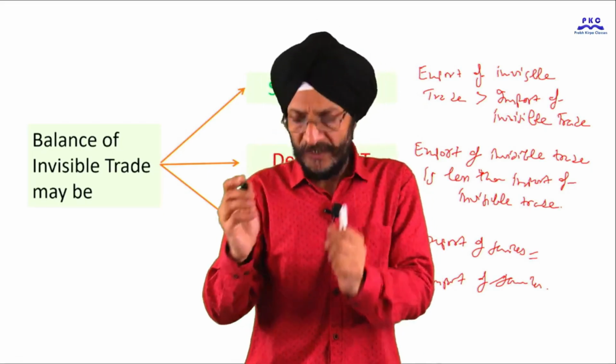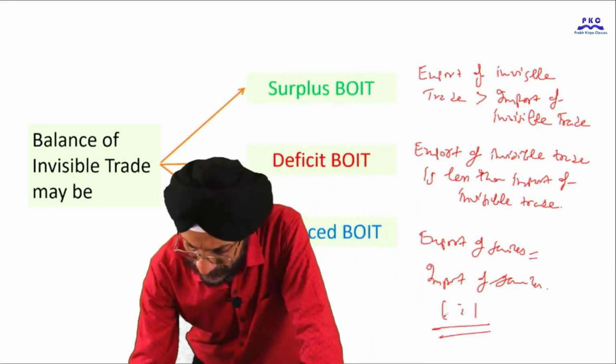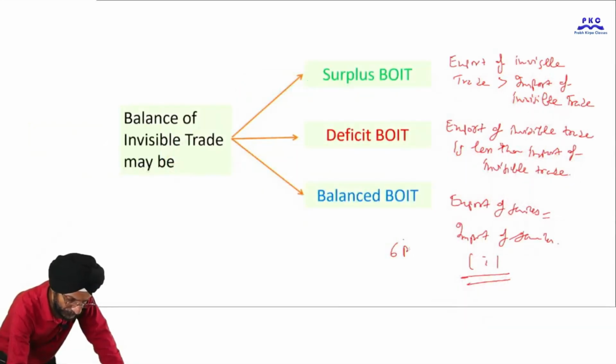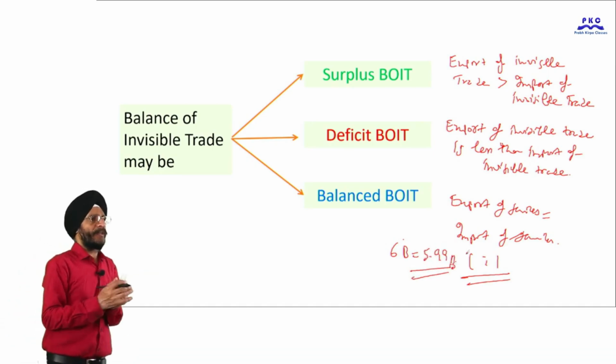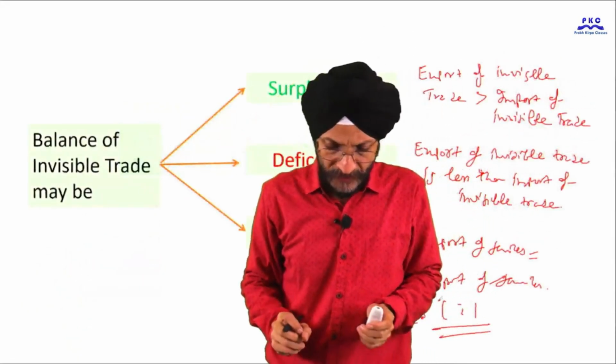We will not be taking into account a 1:1 ratio. No. If the exports are say 6 billion, then 5.99 billion will be taken as balanced BOIT. Both the sides should be roughly equal to each other.